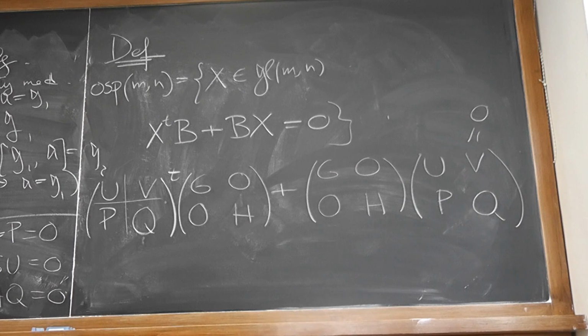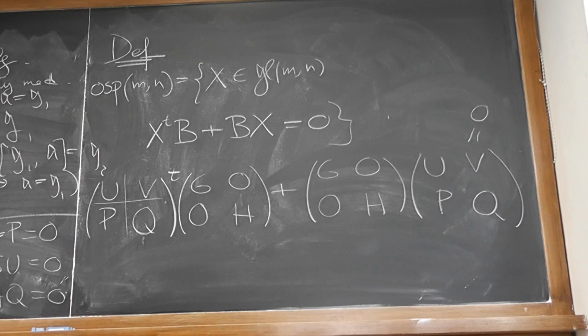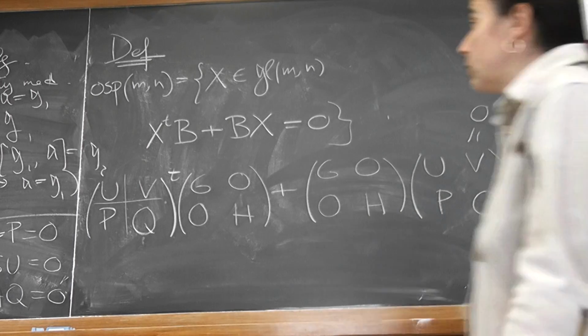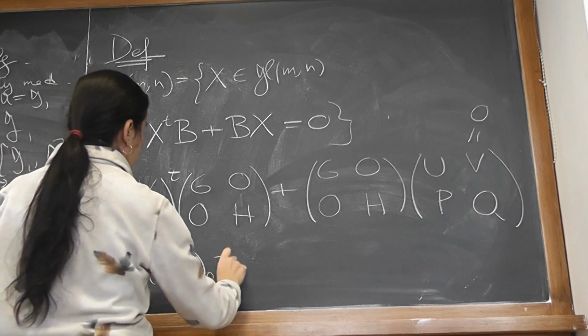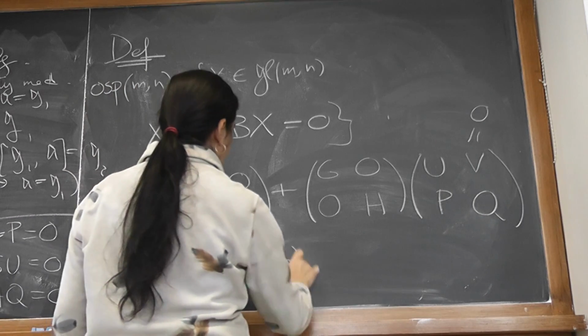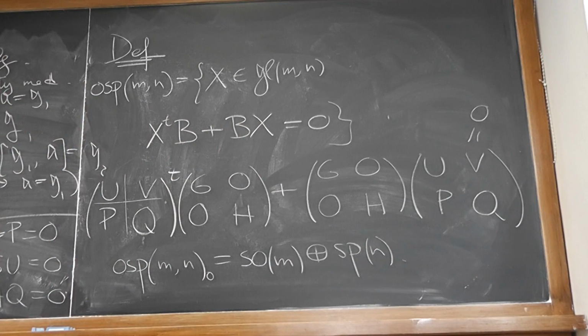So this will tell you that U is orthogonal and Q is symplectic, because this is the symplectic form, I and minus I. So this tells me immediately, before I make the calculation, that the even part of the algebra is the orthogonal plus the symplectic. This I know. Then one does the calculation and sees what is the rest.